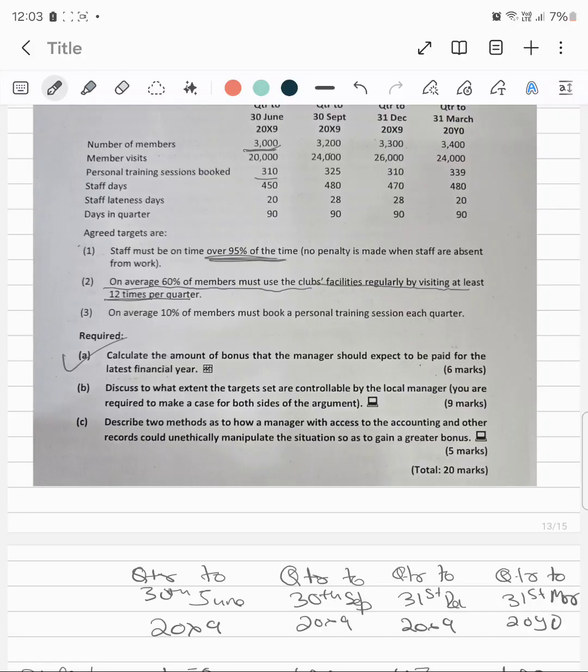But if I talk about the number of visits and the number of members using the facilities, it entirely depends. It partially depends on the customer service provided by the staff, which is controllable by the manager. But on the other hand, there are other factors.